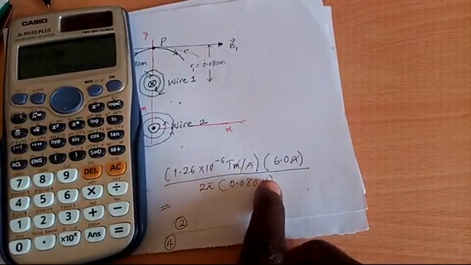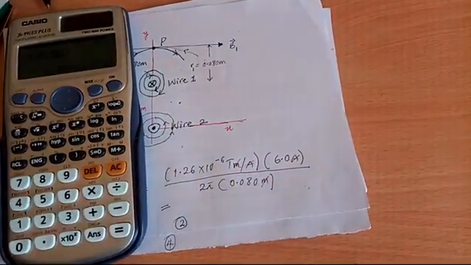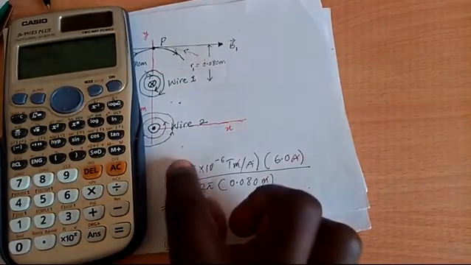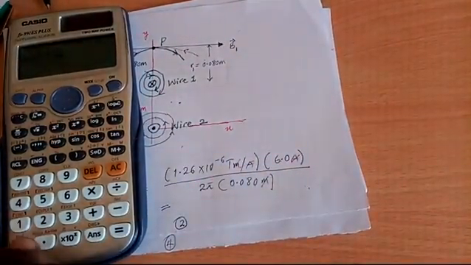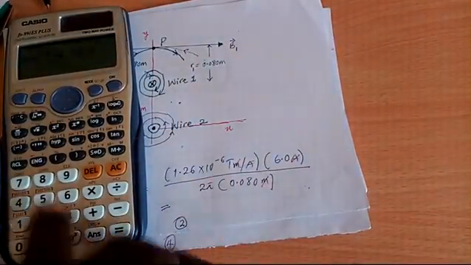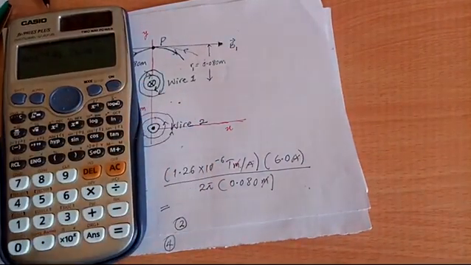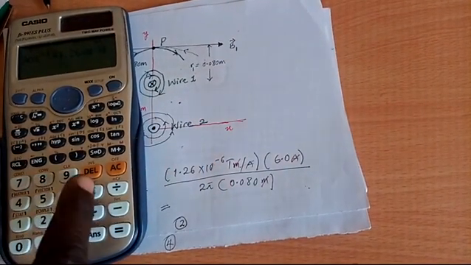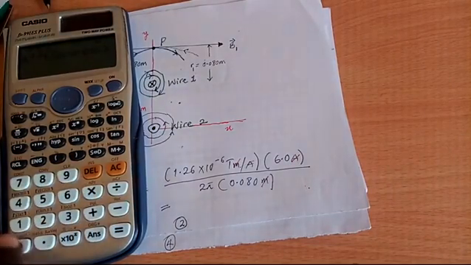Next, since I started with the denominator, I will press the reciprocal function, and then multiply by everything in the numerator, 1.26 exponential negative 6 multiplied by 6.0.